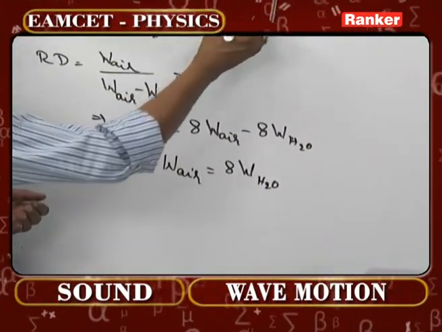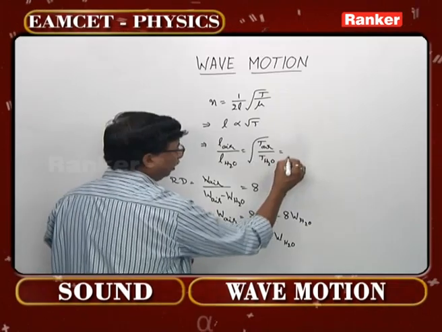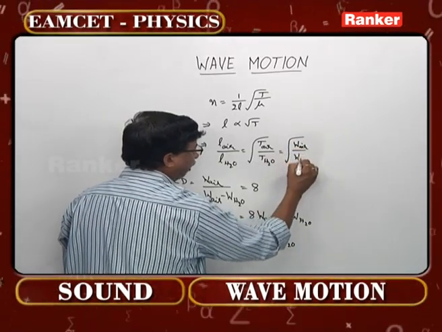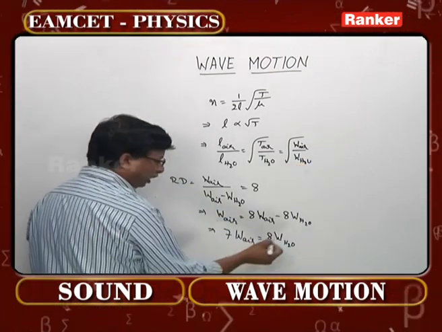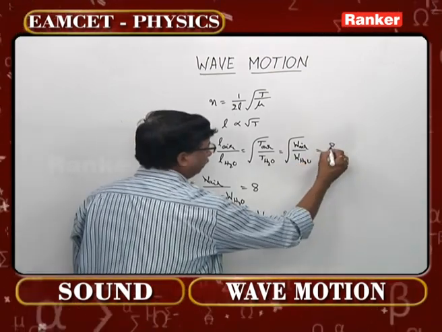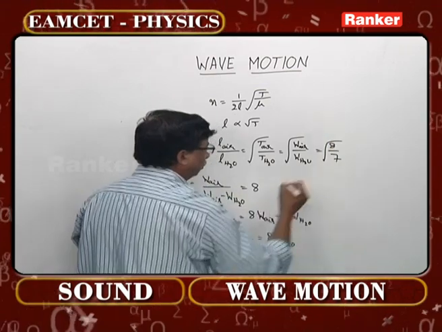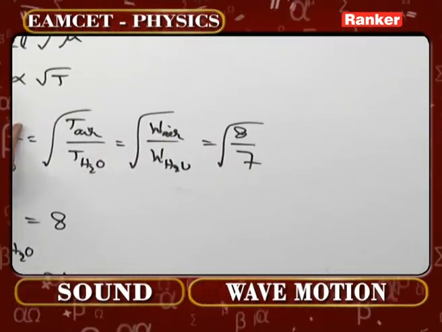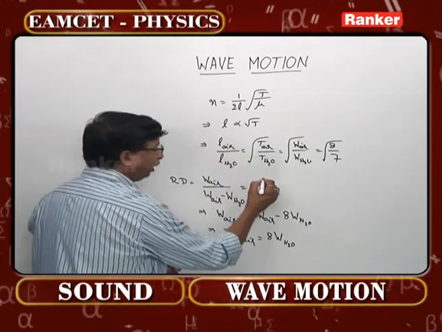But in fact, we are having T in air by T in water, in other words, weight in air by weight in water, I can write. What is weight in air by weight in water now? It is 8 by 7 under root. That is the corresponding value. But you should understand what is L in air given? 1/√2.